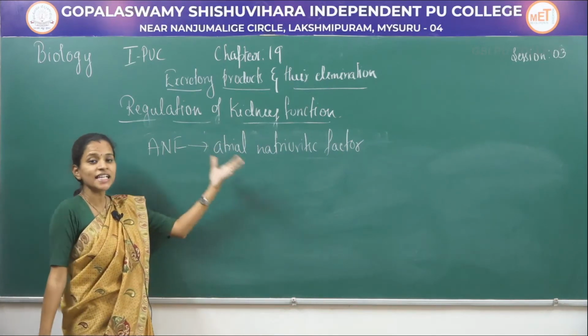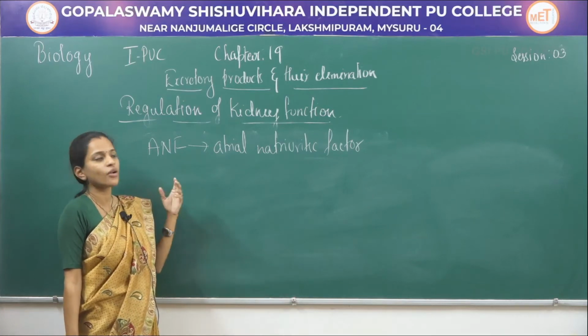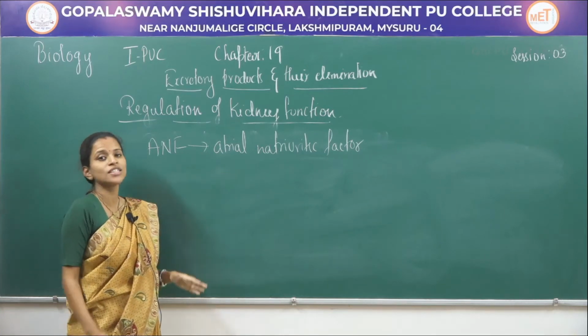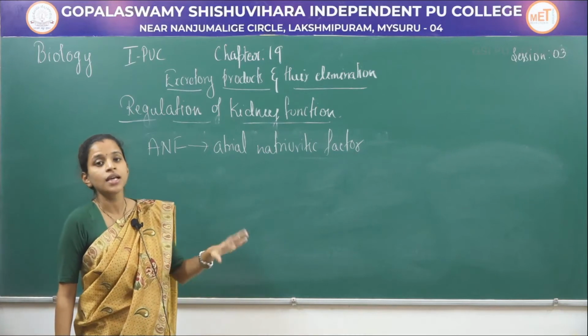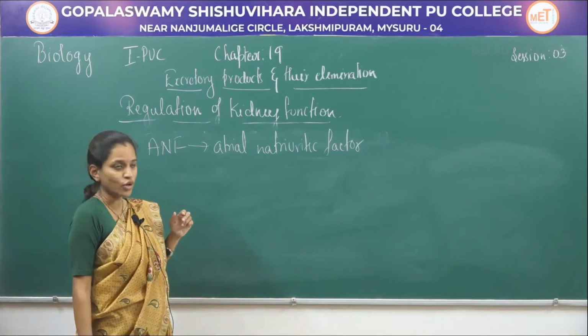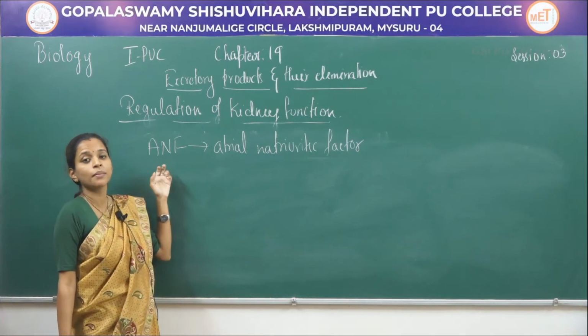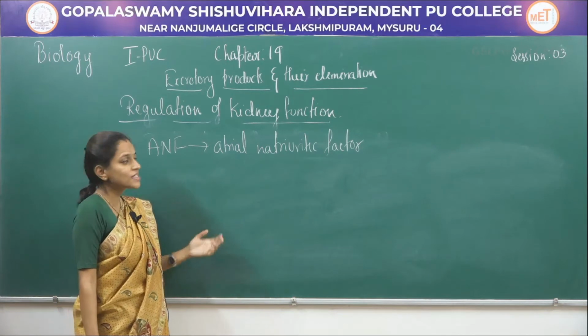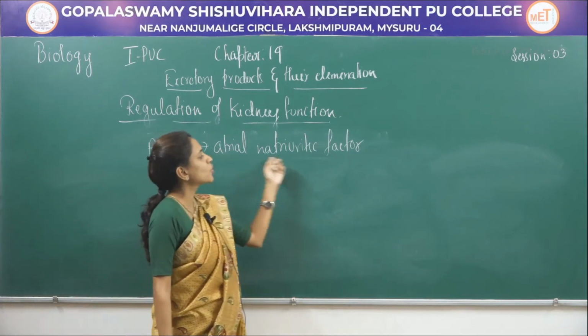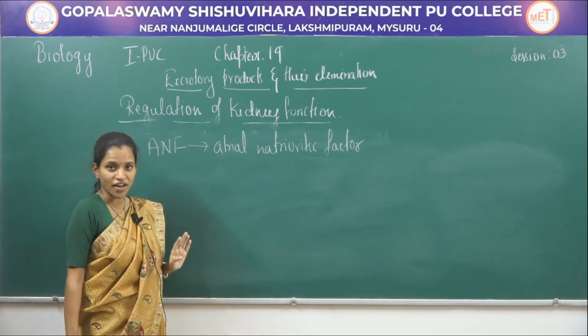Whenever there is an increased blood flow in the heart, pressure will be applied on the atrial and the auricular walls by the blood, due to the higher or increased flow. This increased flow, or the pressure created by the blood on the auricular walls, will lead them to release this ANF, or atrial natriuretic factor.